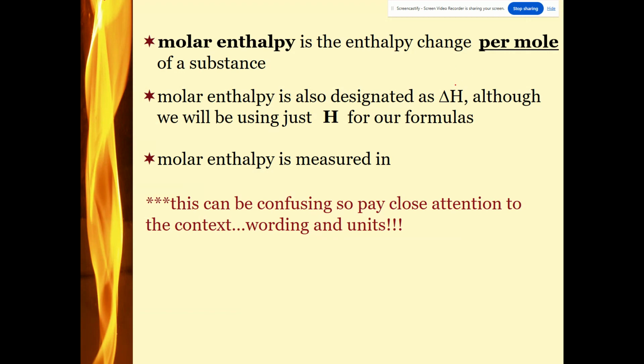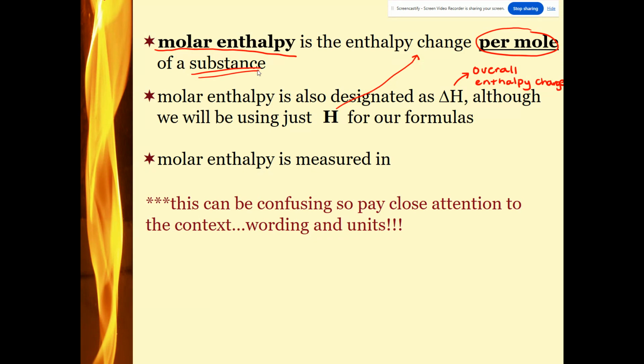And again, the delta H is calculating or representing the overall enthalpy change, whereas the H is known as molar enthalpy. Okay? So molar enthalpy is the enthalpy change per mole of a specific substance. There could be 3 or 4 substances or more in your reaction. They might have the same or different molar enthalpies for each substance.